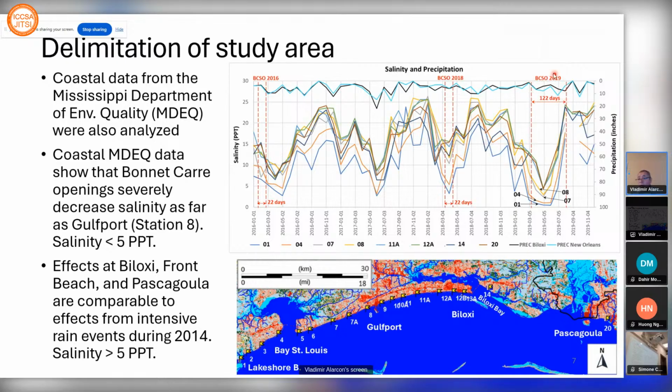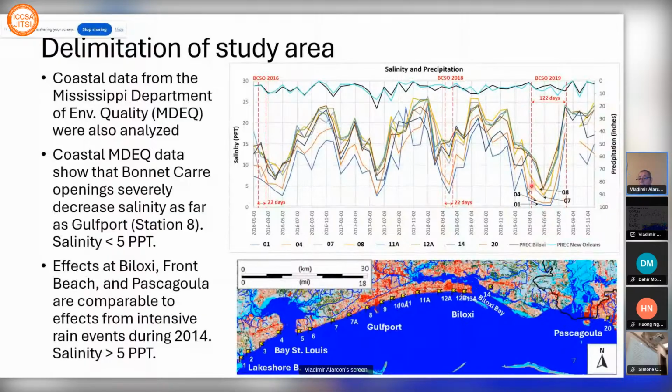And for example, in 2019, where the longest spillway opening took place, we have a really sharp decrease in salinity in all of the stations along the Mississippi Gulf Coast.